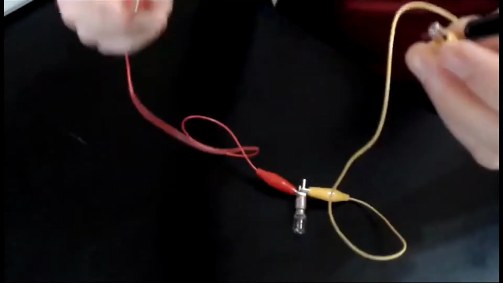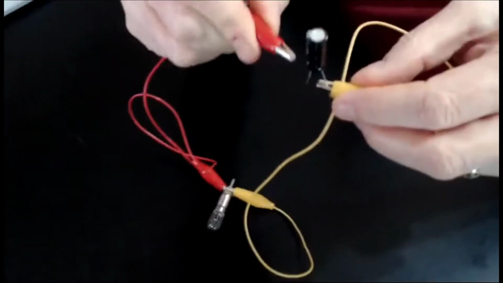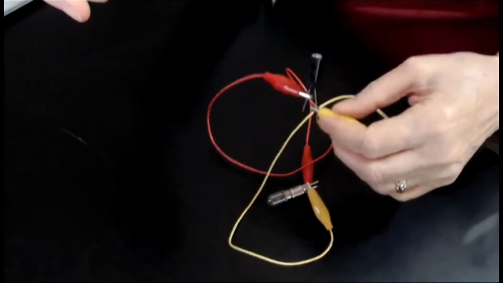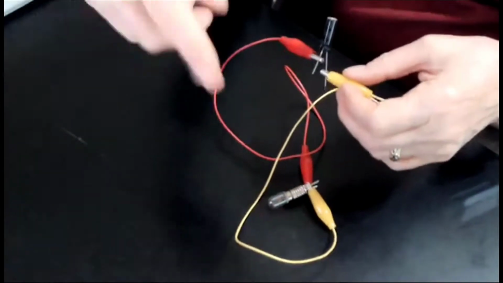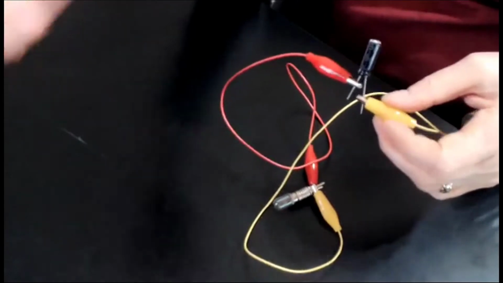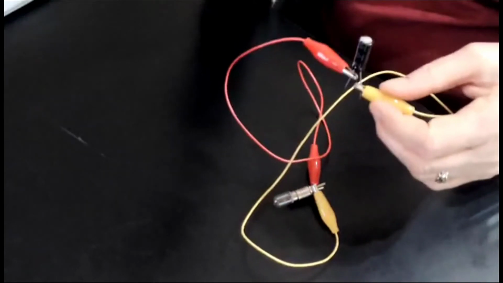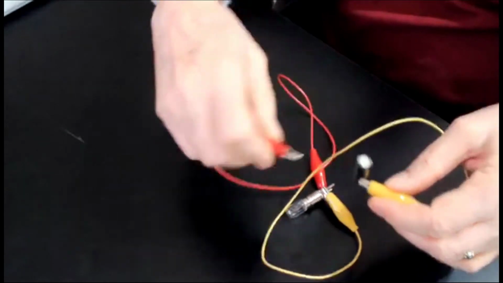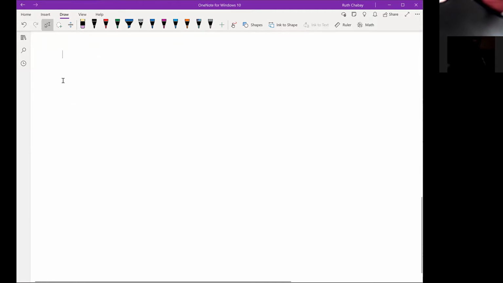Note that I'll just do it again, and the light bulb isn't lighting. So in fact, it's something about the state the capacitor was left in after we had it connected to the battery and the light bulb. So it does seem plausible that the battery would have charged the capacitor, right? So let's see if we can make sense of this. In fact, we can rule something out just by thinking about what happened.